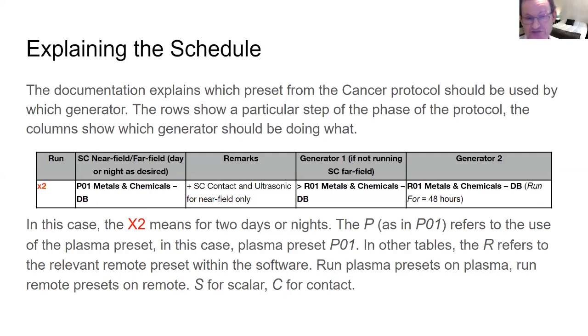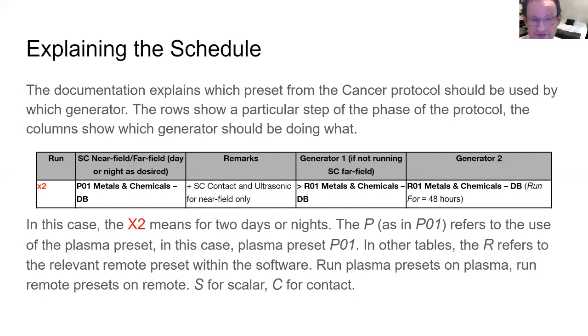That means times 2. That means 2 days or 2 nights. You've got the P01 next to it. That means plasma 01. Plasma, the first frequency set, essentially, on the terrain for this part of the protocol.